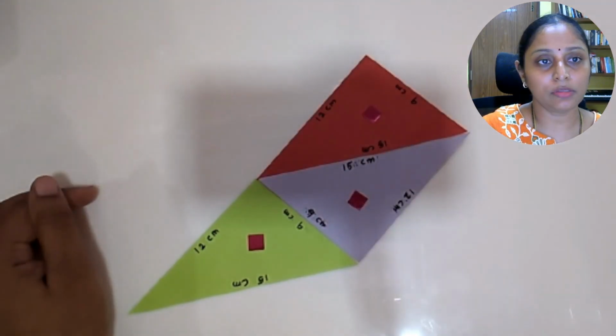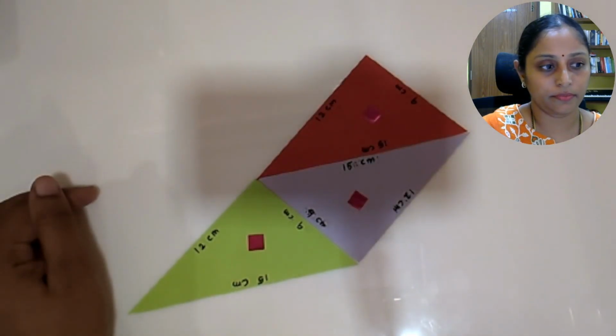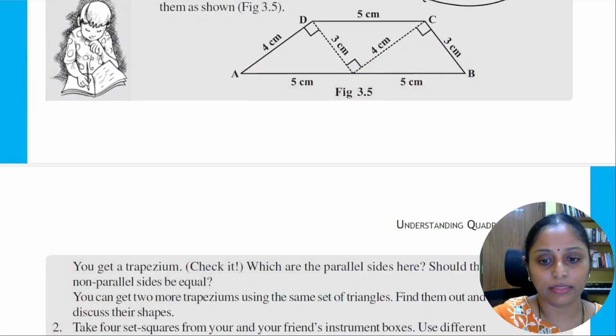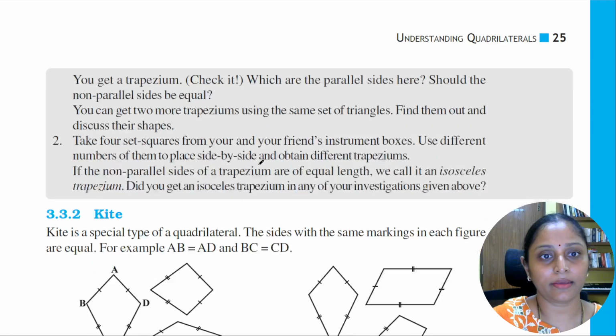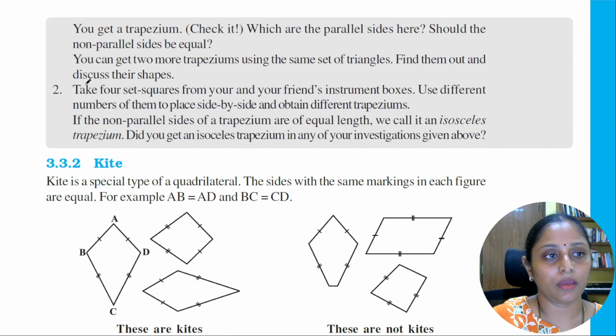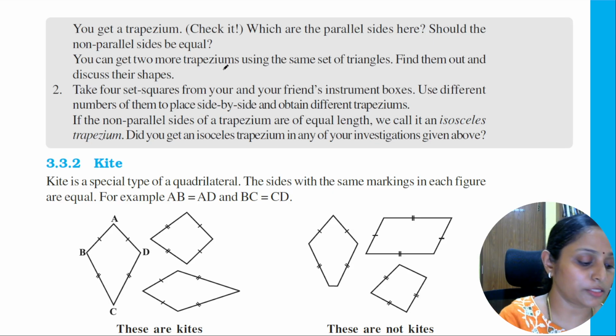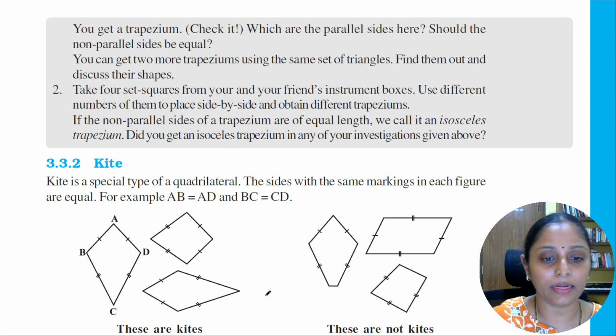They have also asked us, if you look at this, they have also said, should the non-parallel sides be equal? For all the 3 cases, you can check immediately that the non-parallel sides need not be equal, right?